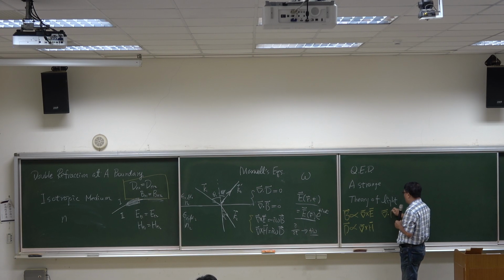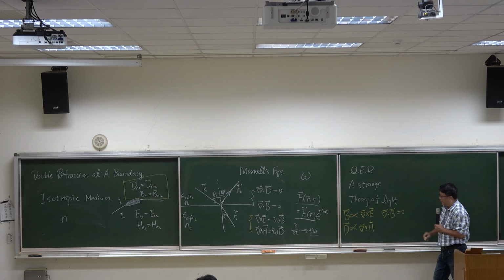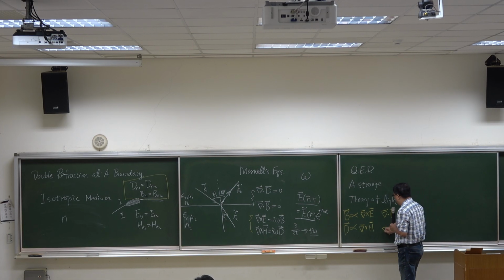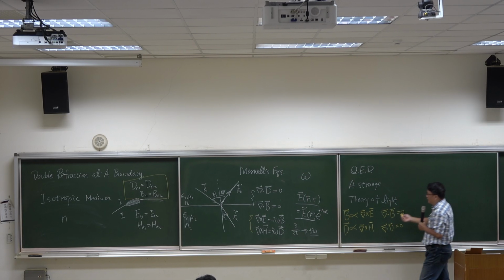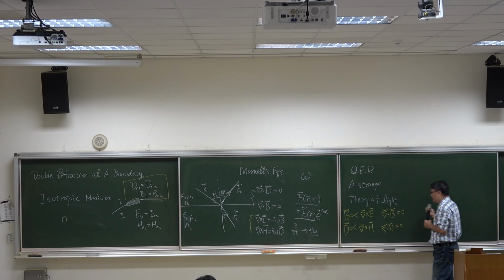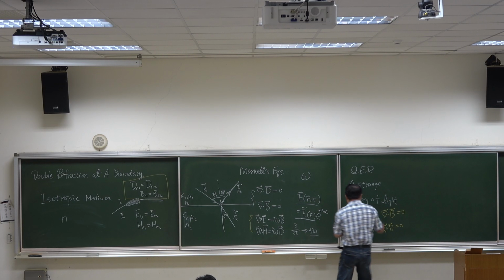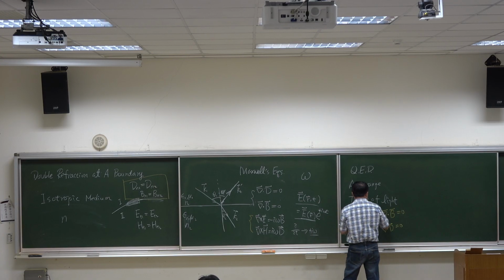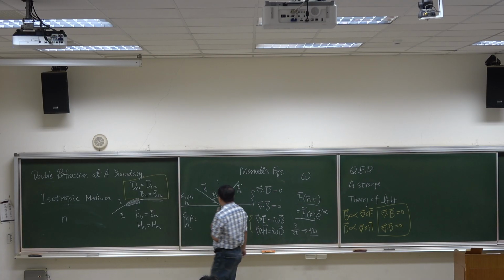So we get divergence B equal to 0 automatically, and we also find divergence D equal to 0 automatically, because D is proportional to the curl of some vector, and B is proportional to the curl of some vector field. So that's why we do not need to use any consequence derived from these 2 divergence equations.